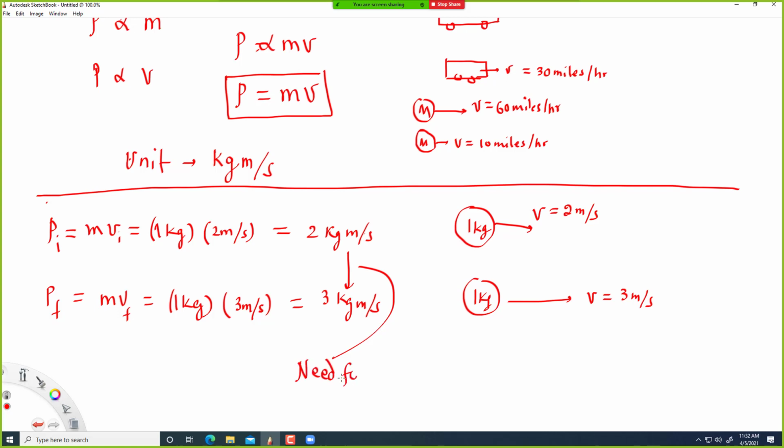Now, is it only the force that changes the momentum, or is there something else? Acceleration and force are the same thing, so when you talk about force, that covers the acceleration. Let's say you have two objects that have the same mass.